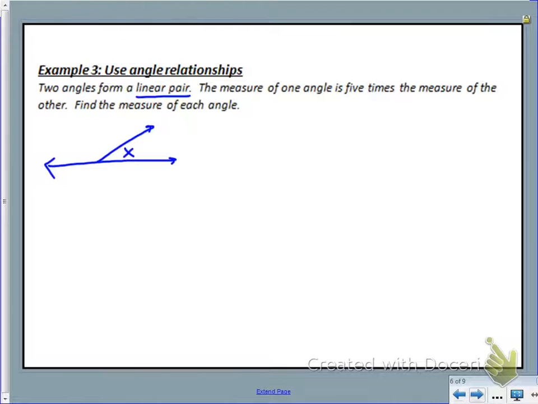So if I let this smaller angle be x, this second angle must be 5 times as large, or equivalent to 5x. Now we have our picture. We need to find the measure of both of these angles. Well, I'm going to use what I know about a linear pair to make an equation. I know that the angles in a linear pair should add to be 180. So 5x added with x equals 180 degrees. Now I'm going to solve this using my algebra to find x. Well, 5x adds with x to make 6x.